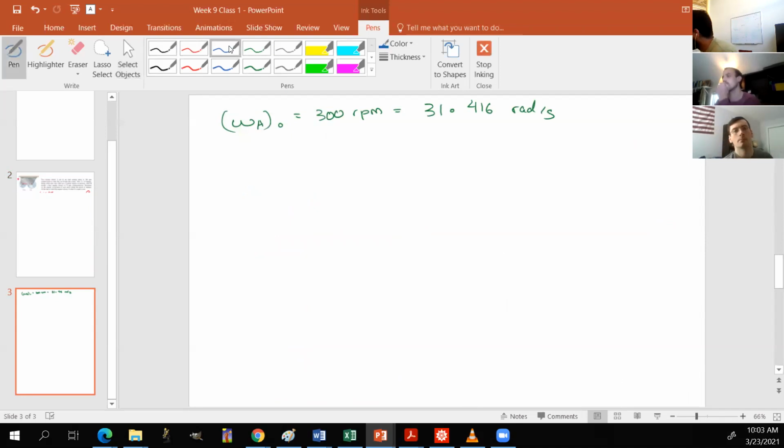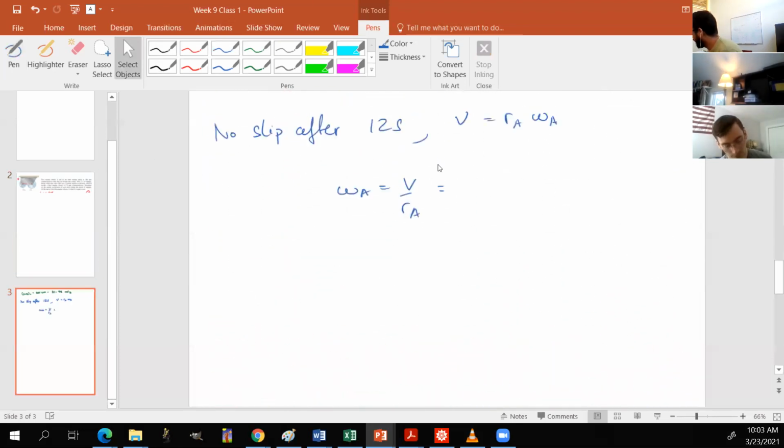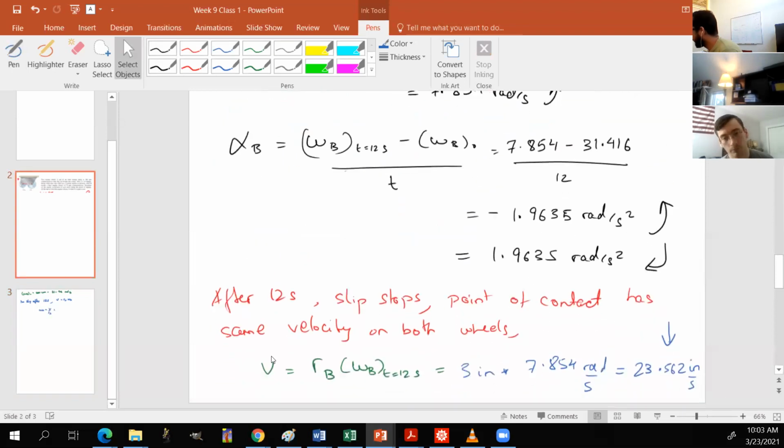So now, no slip after 12 seconds, right? We know that the scalar quantity of the velocity is going to equal RA times whatever the scalar quantity for the angular velocity is, right? So this is equal to V over RA, and we found out V, the scalar quantity, that was just 23.562 inches per second, right?